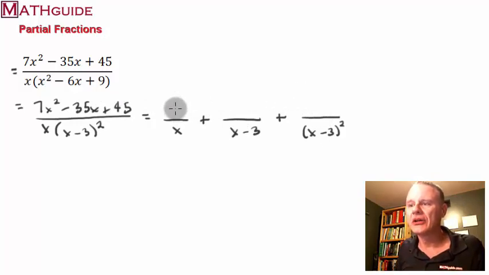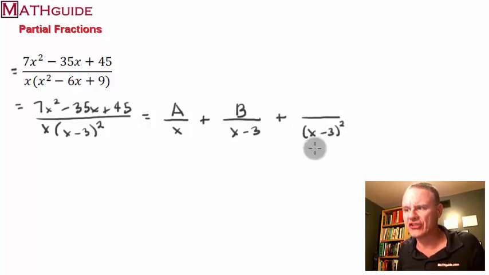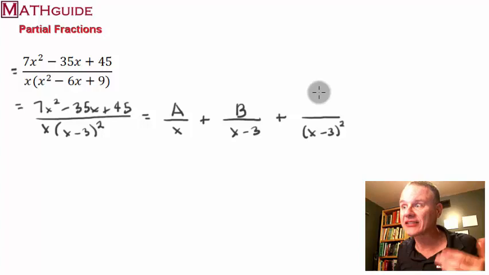Okay, so here this is degree 1, so I'm going to use 1 degree less in the numerator. This is degree 1, I'm going to use 1 degree less in the numerator. And a lot of people wrongly think that this is going to be second degree, right? Because if you multiplied this, you'd get a square. And you think, oh, that's degree 2, so the numerator should be 1 less, degree 1.